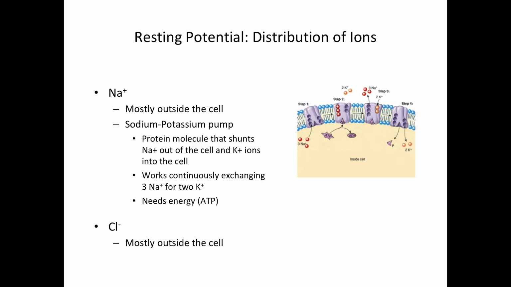So the sodium-potassium pump is really important for this. The sodium-potassium pump is a protein molecule that will shunt sodium out of the cell and potassium into the cell. So it works continuously exchanging 3 sodium for 2 potassium ions. This pump needs a lot of energy, what we call ATP. And lastly, the chloride ions have a higher concentration outside of the cell. So just a little recap.